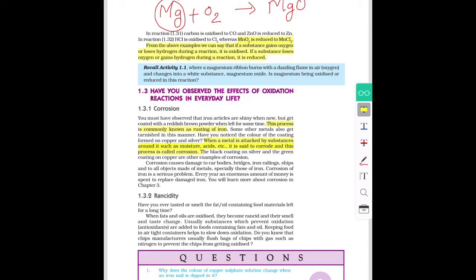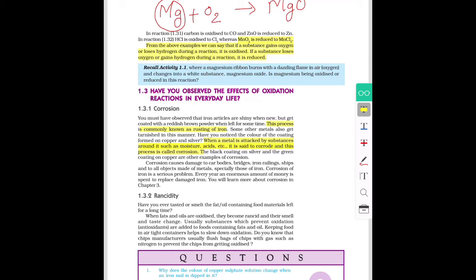Corrosion causes damage to car bodies, bridges, iron railings, ships, and all objects made of metal, especially those of iron. Corrosion of iron is a serious problem. Every year, an enormous amount of money is spent to replace damaged iron. You will learn more about corrosion in Chapter 3.